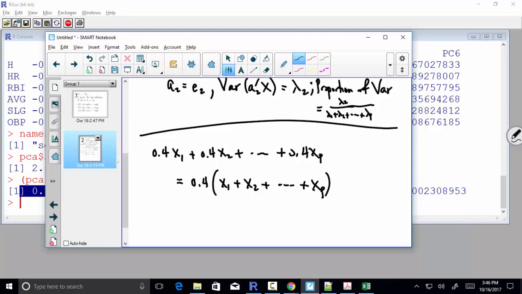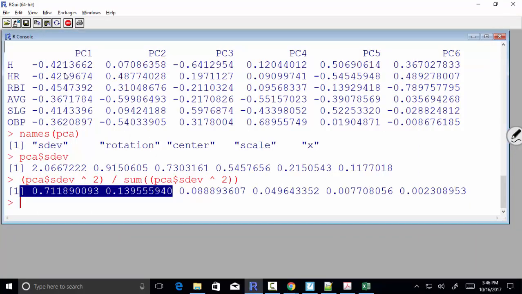PC1, because the coefficients are all roughly the same, that tells us that the single most informative feature, the single best way to spread out the players, is just to average up their offensive career stats, which is a sensible thing if you think about it.